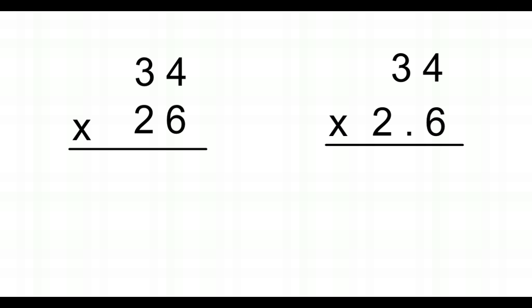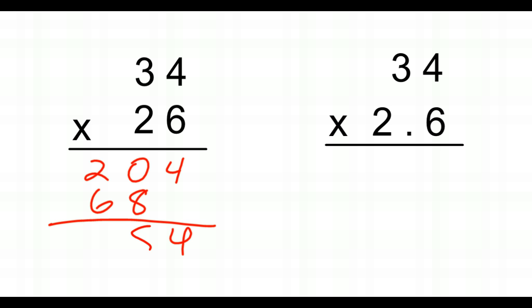34 times 26, I won't go through the whole process here, but I will just rewrite all of this here so we can see how it works. 884. And now what about 34 times 2 and 6 tenths? Well, we know that 26 divided by 10 is 2 and 6 tenths.